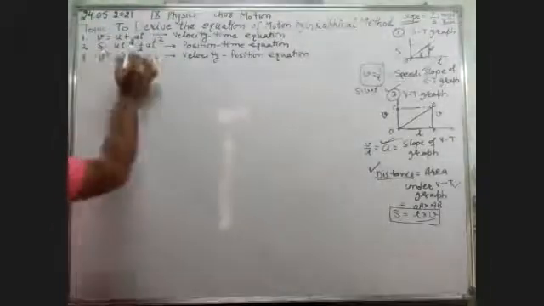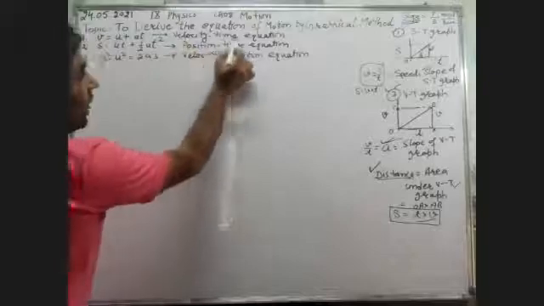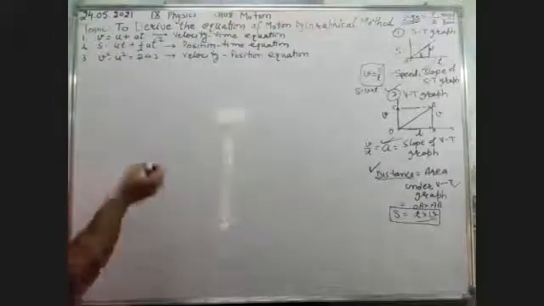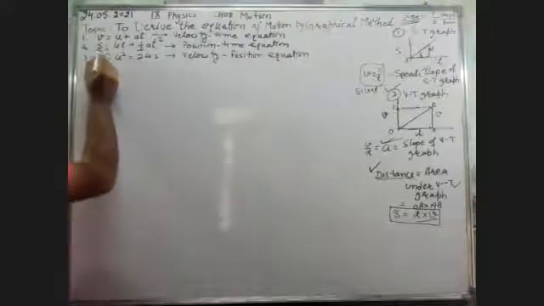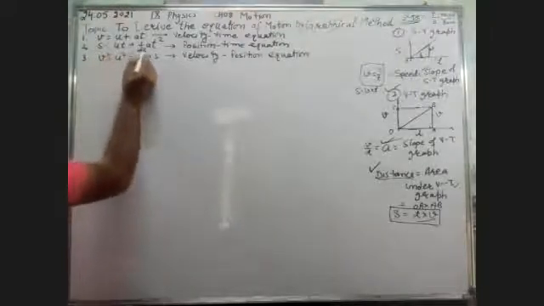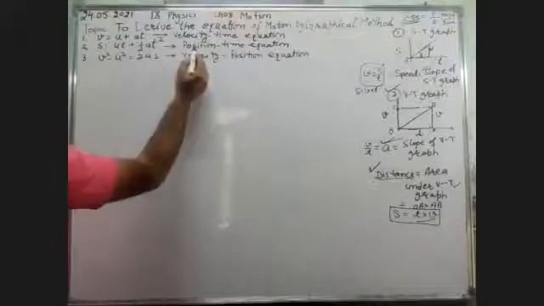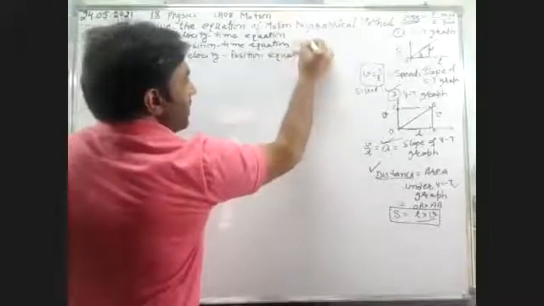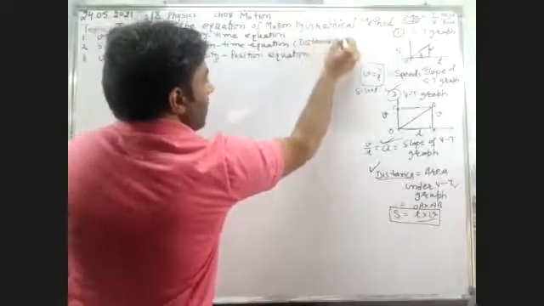So this is the first equation of motion, or we can say the velocity time equation, because velocity and time are given. The second equation of motion, s = ut + 1/2 at², or we can say position time equation, or distance time equation.